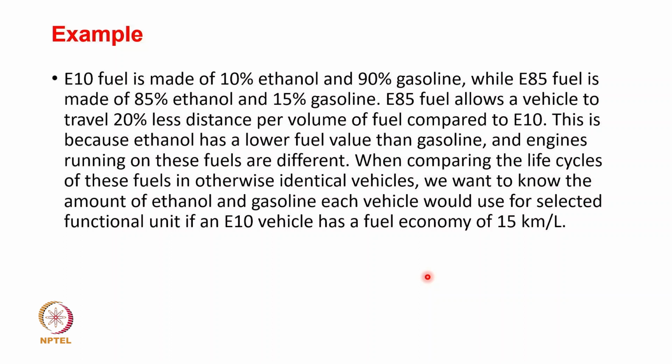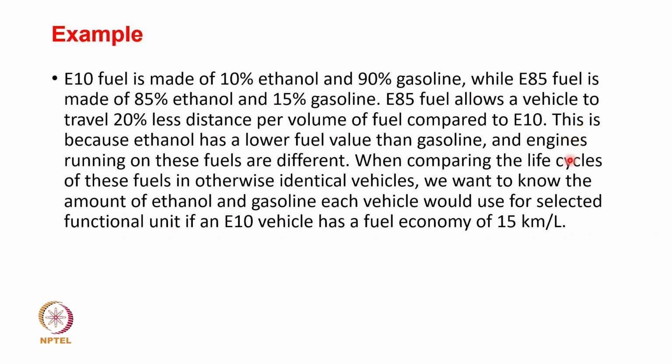So let us see an example wherein we do a simple mass balance analysis, where we use the concept of functional unit. E10 fuel is made of 10% ethanol and 90% gasoline, while E85 fuel is made of 85% ethanol and 15% gasoline. E85 fuel allows a vehicle to travel 20% less distance per volume of fuel compared to E10.